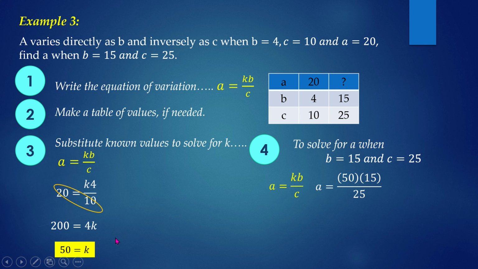Gikan sa value sa K, gikan sa step number 3, K is 50, so 50 times B which is 15, KB man diba? So 50 times 15 over C which is 25. A is equal to 50 times 15 is 750 over 25. So A is equal to 30. Why? 750 divided by 25 is 30.